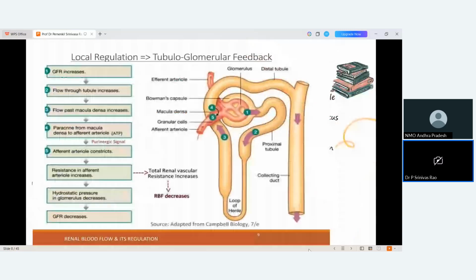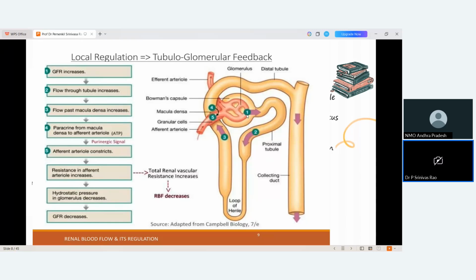Then the tubuloglomerular feedback. So what is this feedback? This is also a feedback for autoregulation. I told you autoregulation has two. One was the myogenic, second one was the tubuloglomerular feedback. When the GFR increases, that means the glomerular filtration rate has increased. So what will happen?